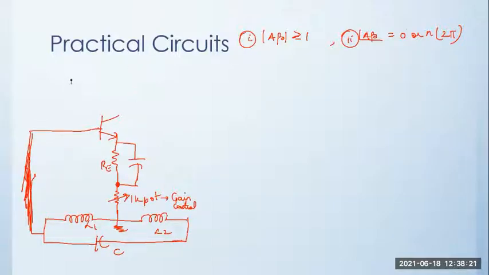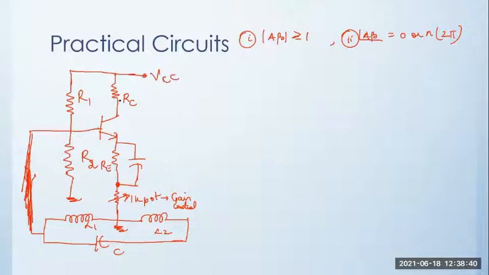And usually we have biasing circuits also connected to the transistor. I'll have R1, R2, which represents voltage divider bias. You should always have a load resistance at this point, the collector resistance. The DC voltage will be supplied here, and usually you can have coupling capacitance here. Rather than connecting directly, I can use two coupling capacitances, CC1 and CC2.